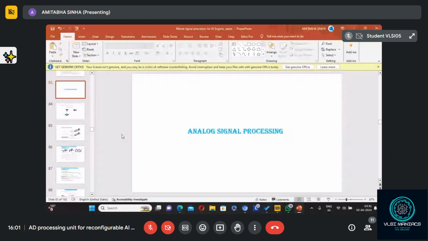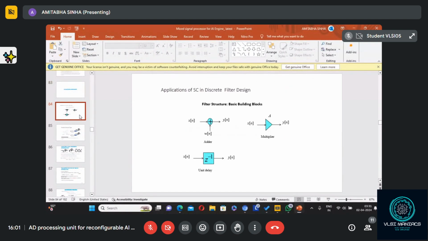Now for signal processing, the basic building blocks are adder, subtractor, multiplier, and delay. We know that in digital signal processing, we learned these things. So this is addition. Now here the signal in the discrete form will be denoted by x[n], where n is the sampling number.